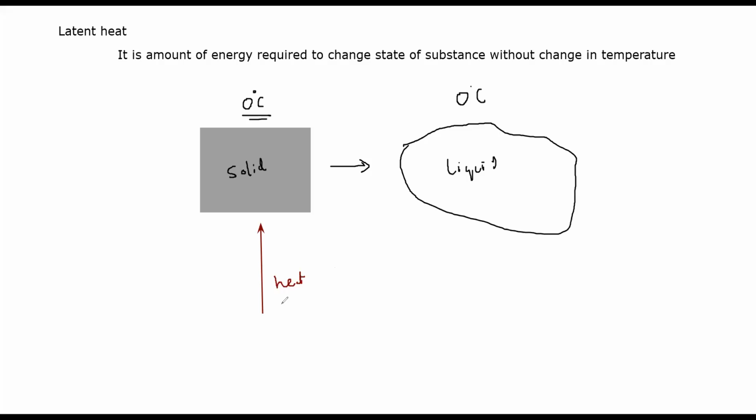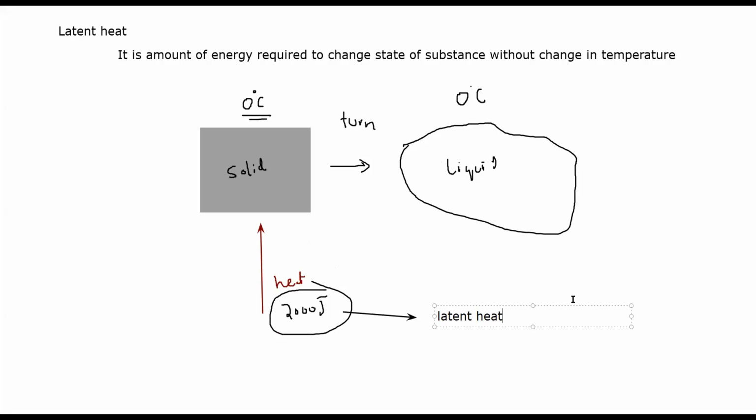So you are supplying energy. Example, you supply 2000 joules of energy so that this solid is turning into liquid. So the amount of energy which we supply to change the state, that amount of energy is known as latent heat.